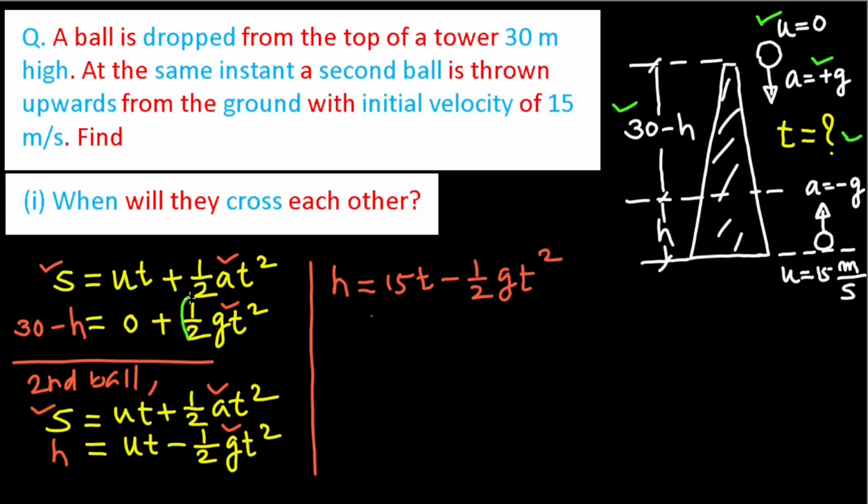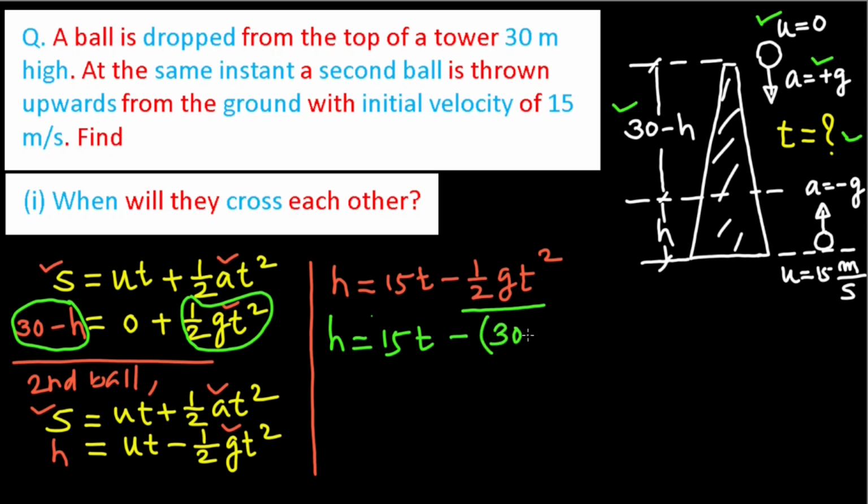Since half gt square is 30 minus h, so we will substitute for this half gt square minus 30 minus h. So that will be 15t minus 30 plus h.